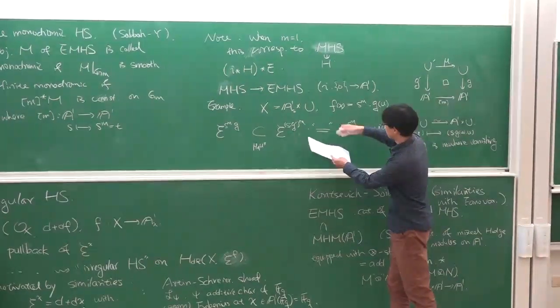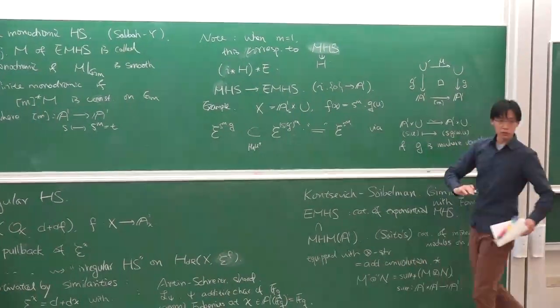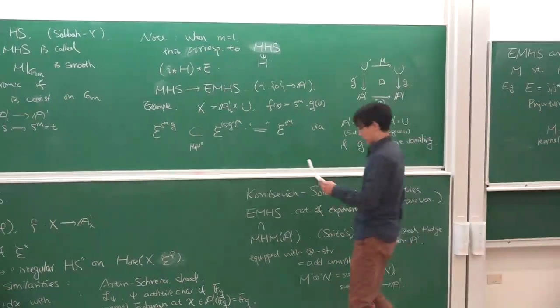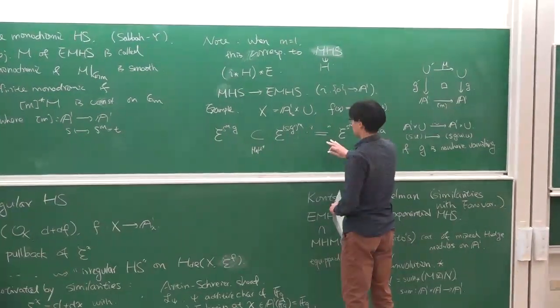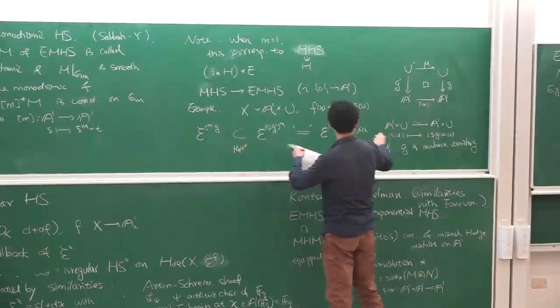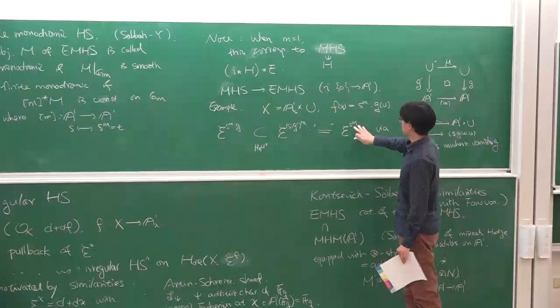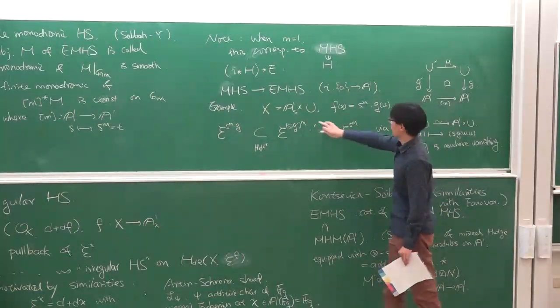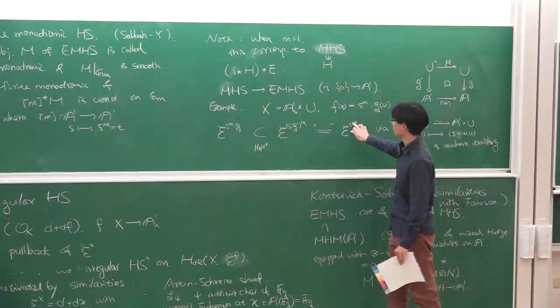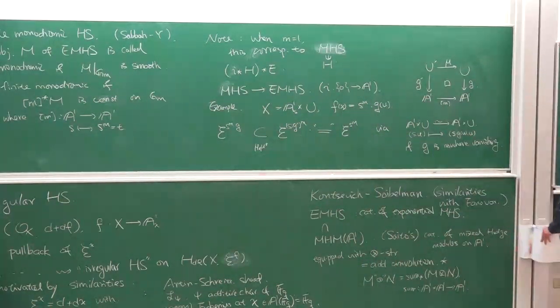Then there's a small difference, you need to modify a little bit, but anyway, let me just say it this way. Okay. So after this small modification and changing your variable, you just need to consider the exponential function e to the s to the power n on here, and there's nothing here.